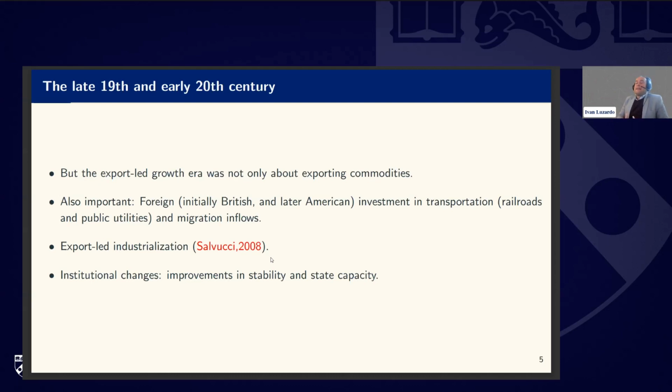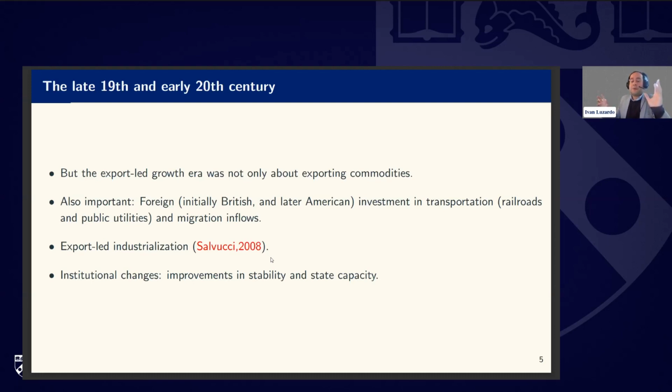And finally, when we try to understand the fundamental reasons behind this transition from stagnation toward more economic growth, I think that we need to examine also the institutional side of this story. As I mentioned at the beginning, we will see an improvement in terms of stability, but at the same time, we will see some problems in that institutional evolution.